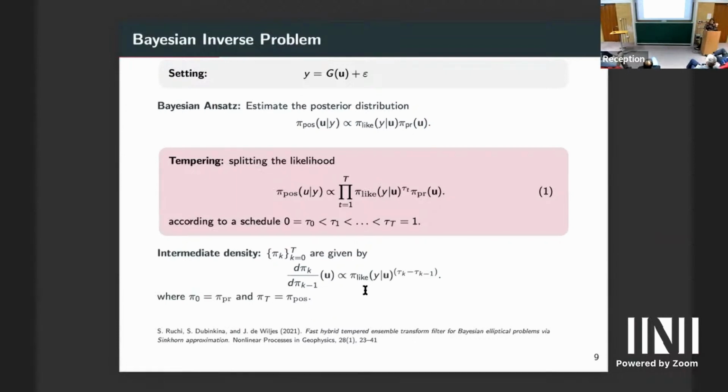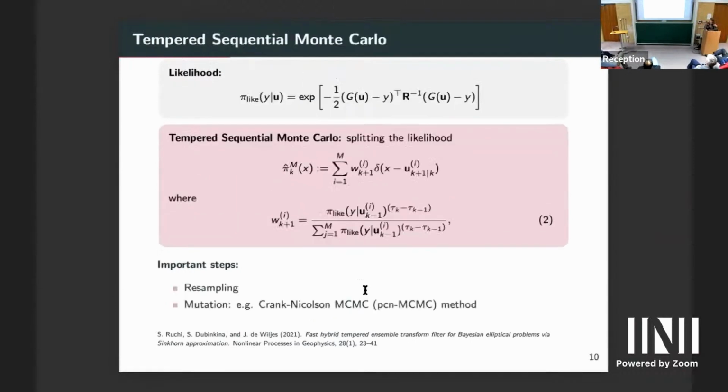Just one example. I've been talking about sequential Monte Carlo, so what we can do now is tempered sequential Monte Carlo. Let's assume our likelihood looks like this. Obviously, I'm ignoring the normalization constant.